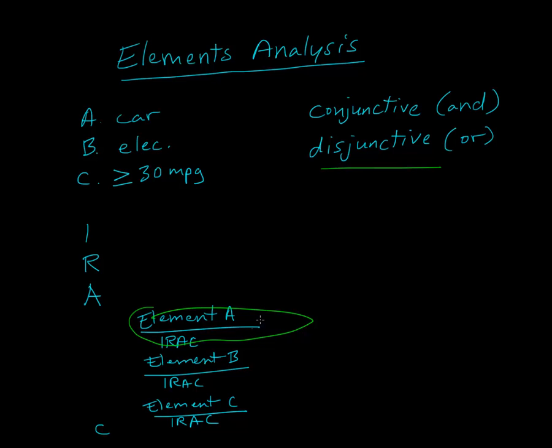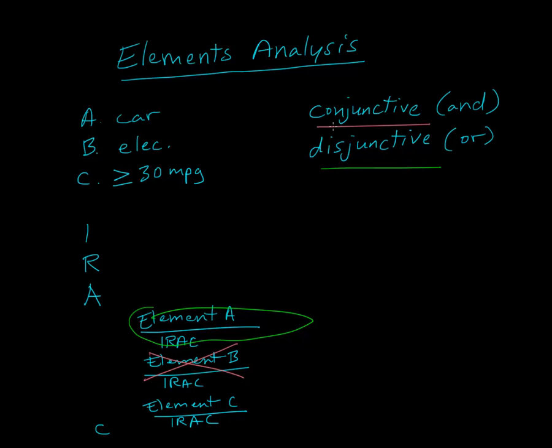Now, this is also true when our test is in the conjunctive. When our test is in the conjunctive, sometimes people will do something very similar. If the test is in the conjunctive, then all of the elements must be satisfied to satisfy the overall rule. So sometimes people will break out the elements and then figure out that one of the elements is not satisfied and conclude that, say, element B is not satisfied.